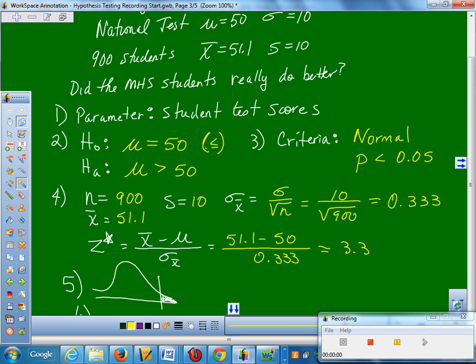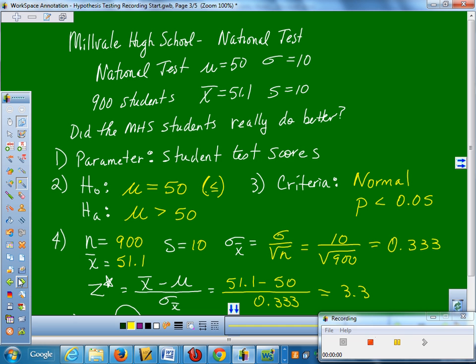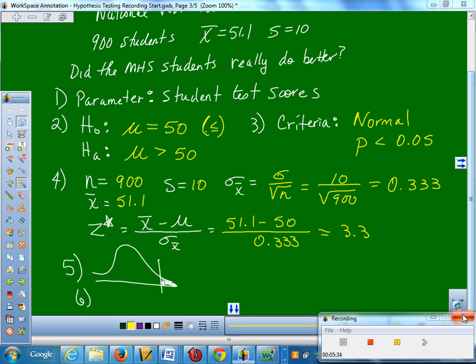Finally then, on step 5, if you check back here, step 5 was actually find the probability. So use your charts, figure out what's the probability. Now in our case, we're thinking these students scored higher than that, so we are wanting, on the normal curve, to know this very far extreme end because we think they scored higher. We are out here.